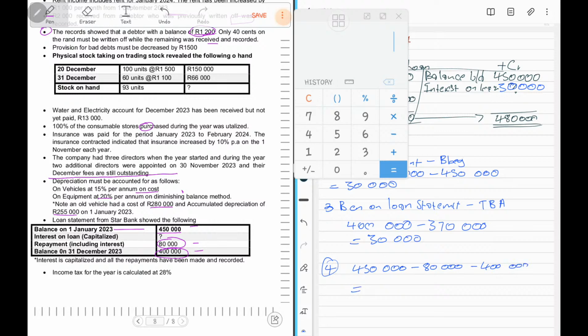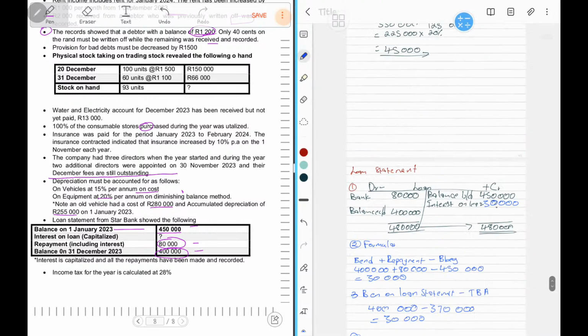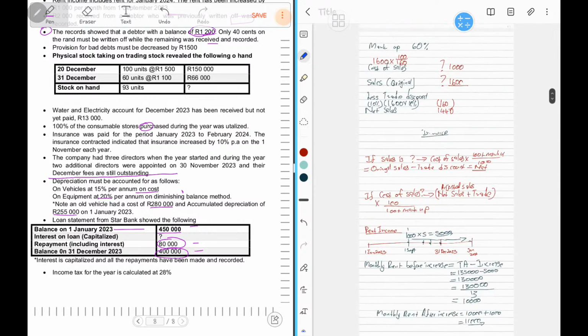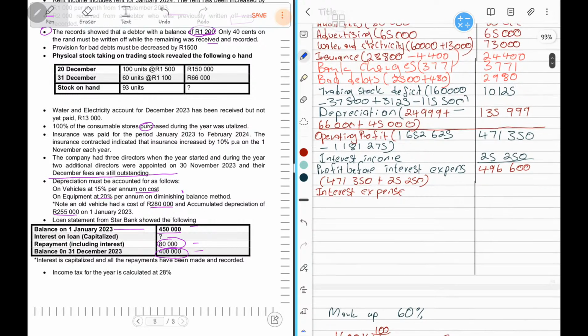It will give you the same answer. It still gives us that. So whichever method you prefer, as long as it gives you the interest on loan, you have to show its calculation. That will be your interest expense for the year.